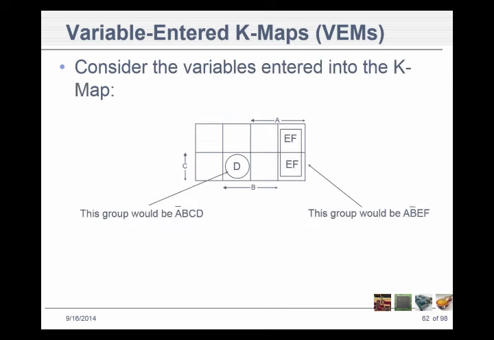We can say that as long as a group is identical, like that E and F there, I can group them together. And now I look at that group as being, instead of EF, as just saying those are 1s, okay? And I write it out the way I normally would, and that would be A and not B. But there's an EF in there, so I would have to say it's ANDed with that EF.